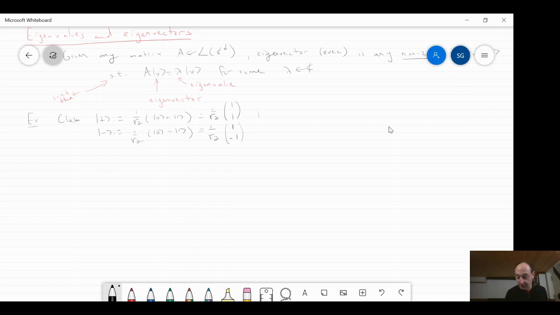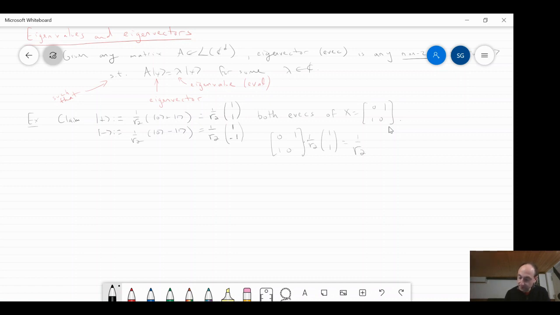And I claim these are both, for an eigenvalue, sometimes I'll just abbreviate this one as eval. So both of these vectors are evecs, or eigenvectors, of Pauli X. Okay, let's do a sanity check. If I do the matrix 0, 1, 1, 0 times 1 over root 2 times the vector 1, 1, well, the 1 over root 2 just comes to the front.